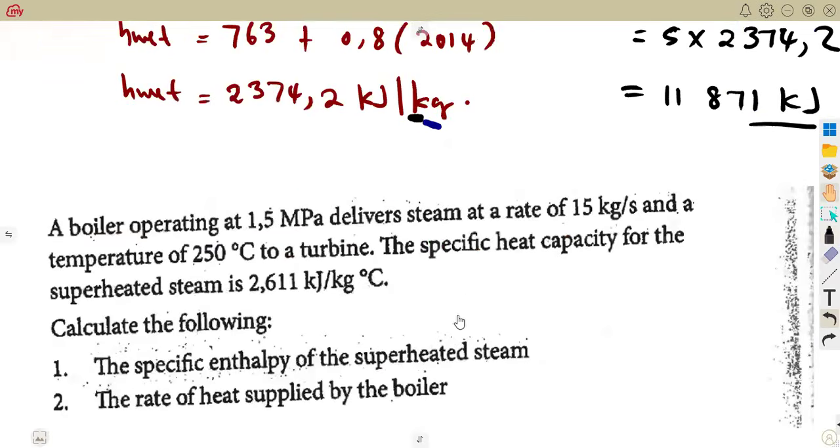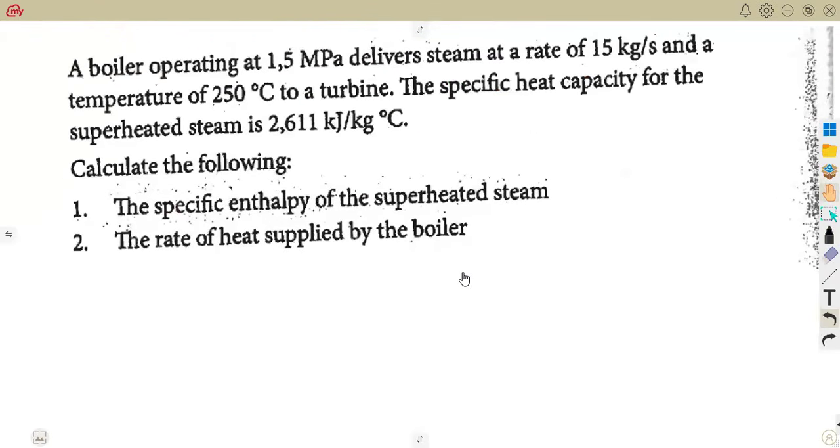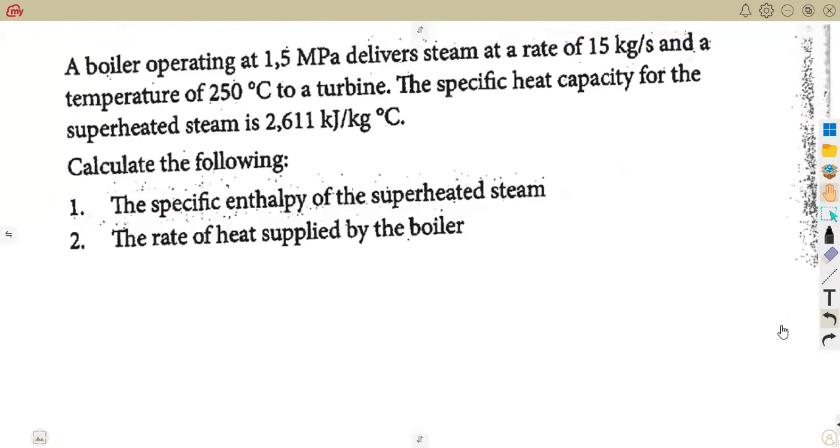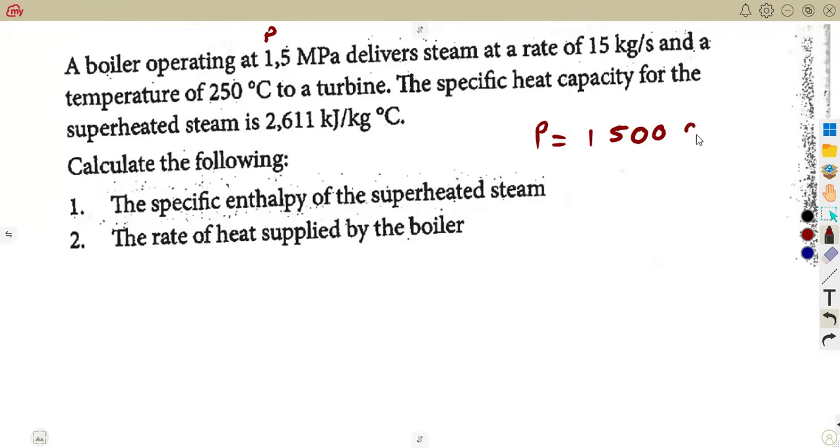All right, let's consider another question. A boiler operating at 1.5 megapascal. We are back to that pressure. If the pressure is given as 1.5, it means 1,500,000 like this. So remove these three zeros.